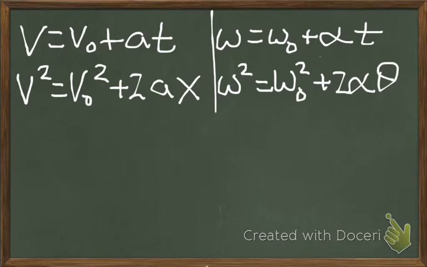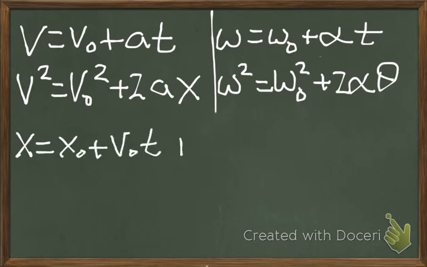So instead of that, we've got final angular velocity squared equals initial angular velocity squared plus 2 times angular acceleration times theta, the angle. I know I'm saying angle a lot, and get used to it. And then our last one is this one, the really long one. Well, all we're doing is replacing omega with v, theta with x, and alpha with a.